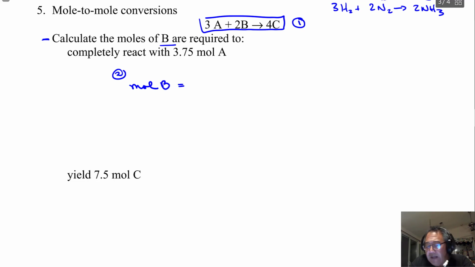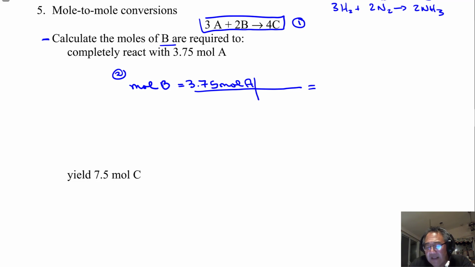And then on the right-hand side, I start with what I'm given. And then a mole-to-mole conversion is one step, okay? And you use the stoichiometric coefficients and their mole ratios, the reaction ratios, to allow you to cancel out units and end up with units that you want.